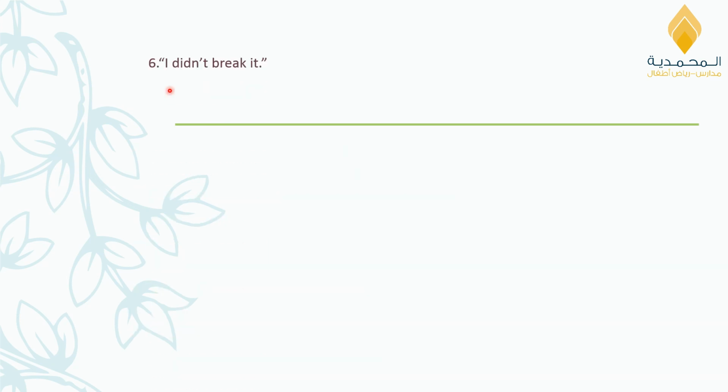Number 6: I didn't break it. What do we have to change? We have to change the pronoun, which is I, and I have to change the tense of the sentence, which is the past simple into the past perfect. The new sentence would be, the child said that he hadn't broken it.